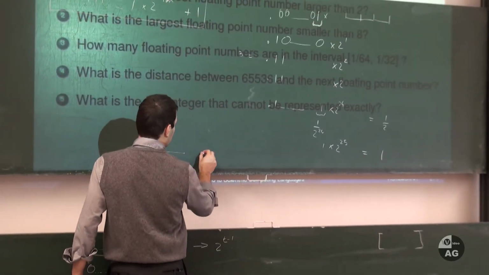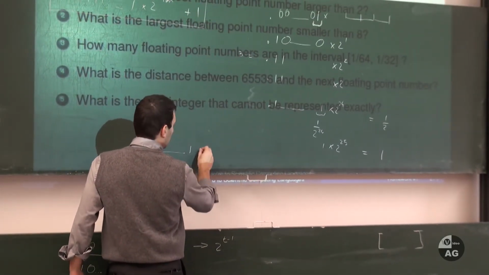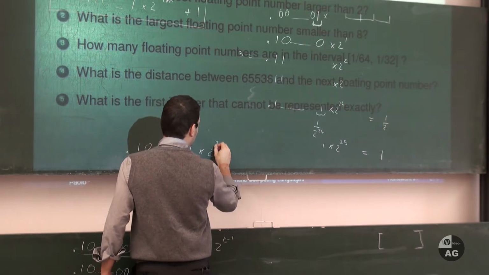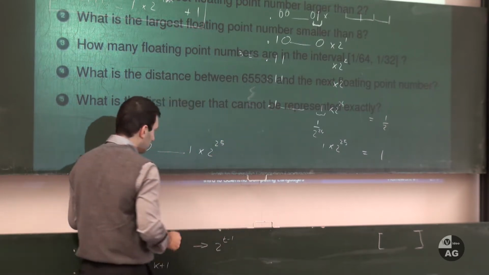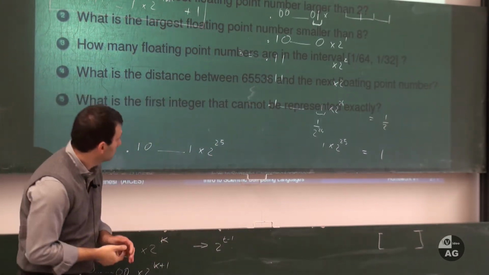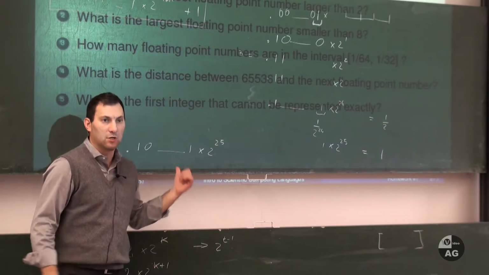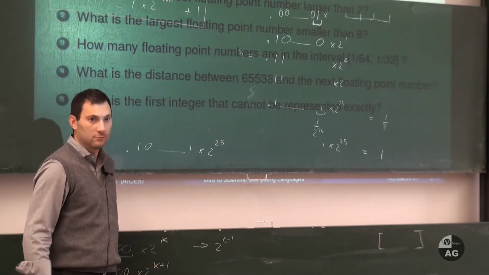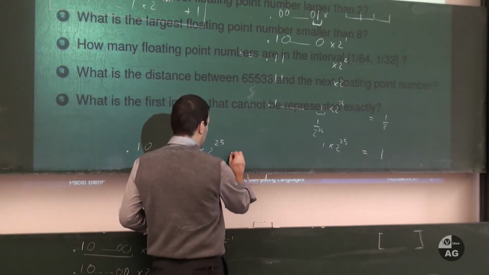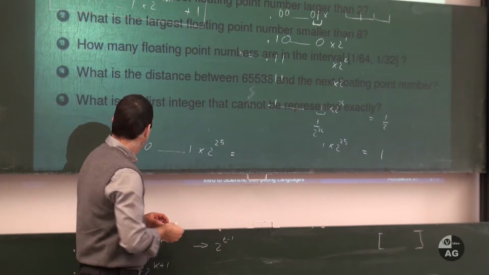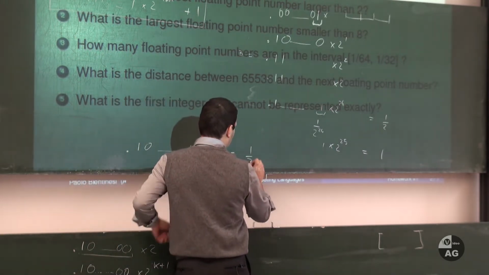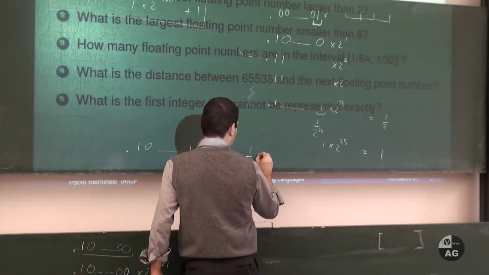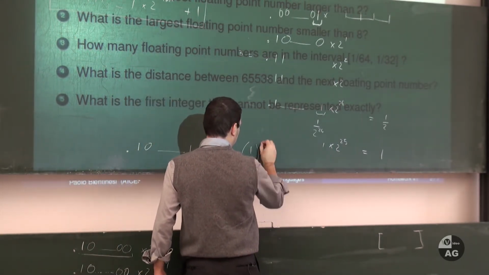0, 0, 0, 0, 0, so times 2 to the 25th. Can anyone compute this, please? This is 1/2 to the 25th.